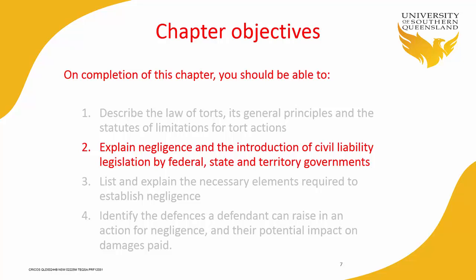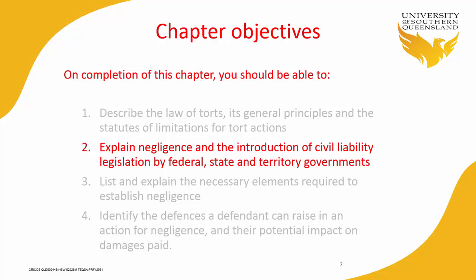This is what we mean by the statutes of limitation for tort actions. In the risk management alert box, it tells you that injured parties must be aware that there are time limits set by relevant state or territory limitation legislation within which an action must be brought. Underneath that you'll find a table that gives you different limitations for different causes of action in different jurisdictions.